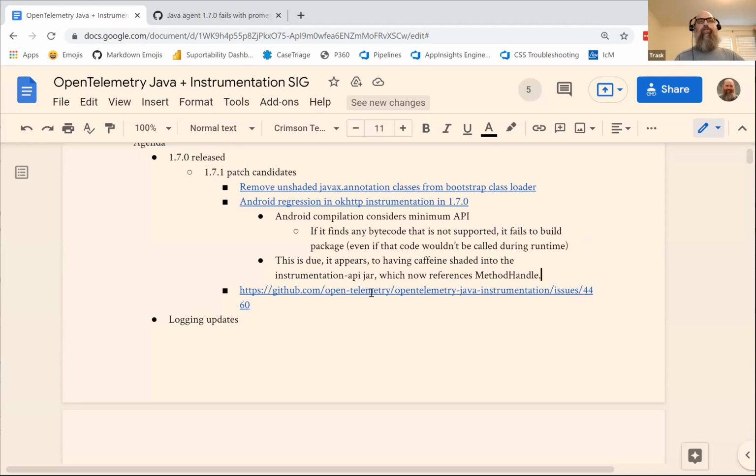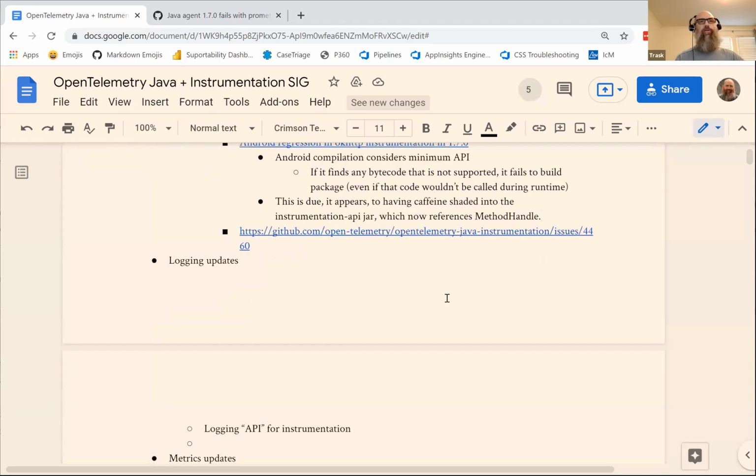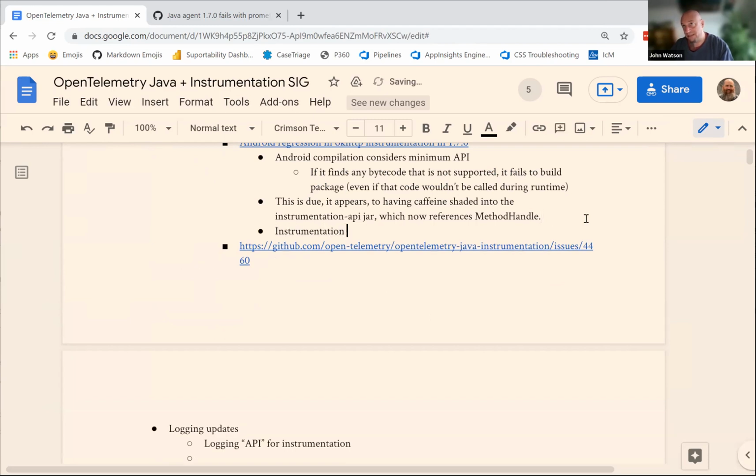All right. So just brainstorming a little bit, what if there was an instrumentation API packaging, maybe named differently, that didn't shadow in that stuff, but treated it as a transitive dependency that could then be excluded? It's not going to be a great solution.